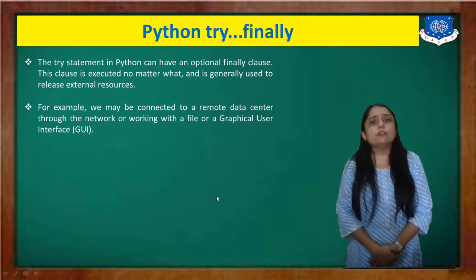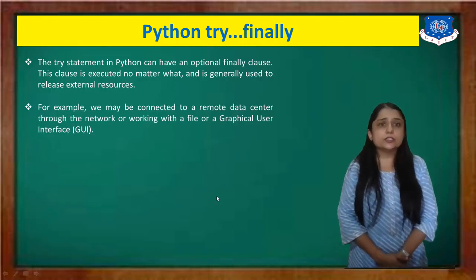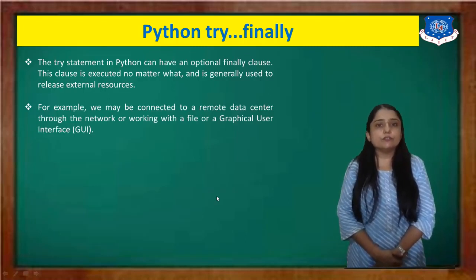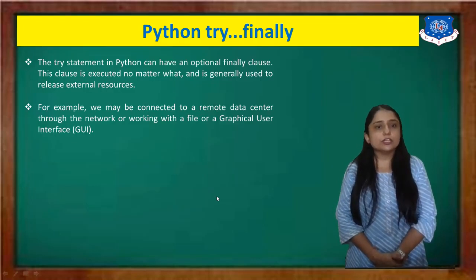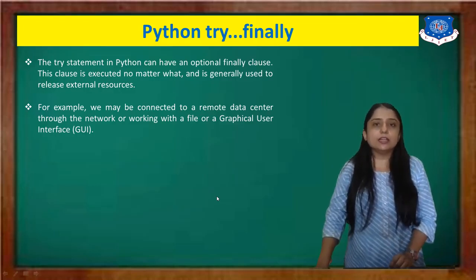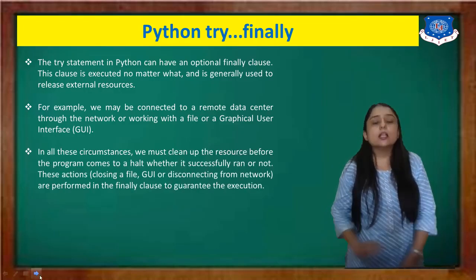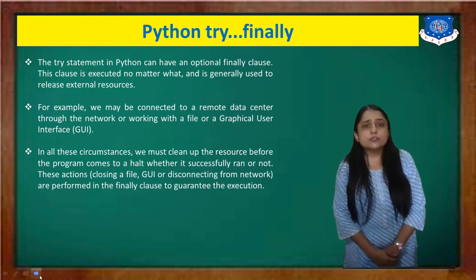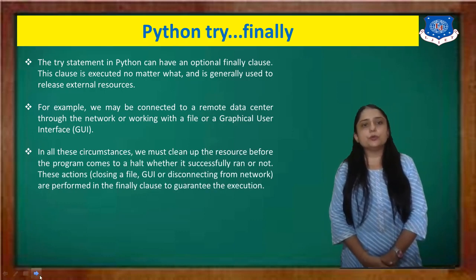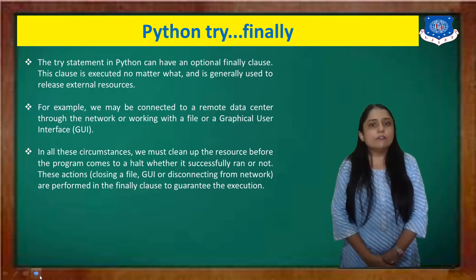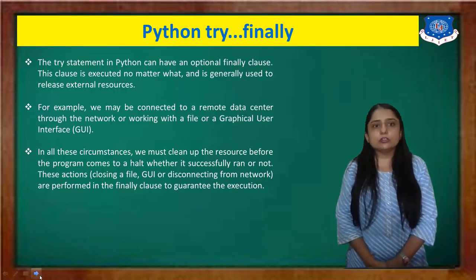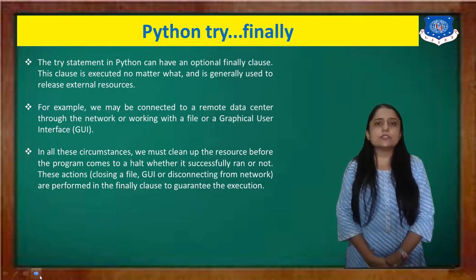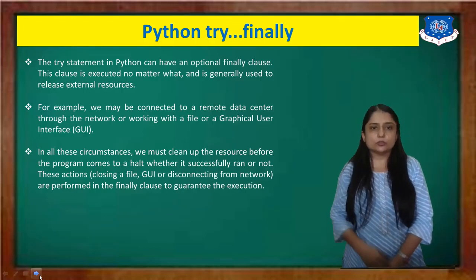For example, we may connect to a remote data center through a network or work with the file of a graphical user interface. In any case you want to close your resources. In all circumstances, we must clean up the resources before the program comes to a halt, whether it ran successfully or not. This action you specify inside the finally clause.